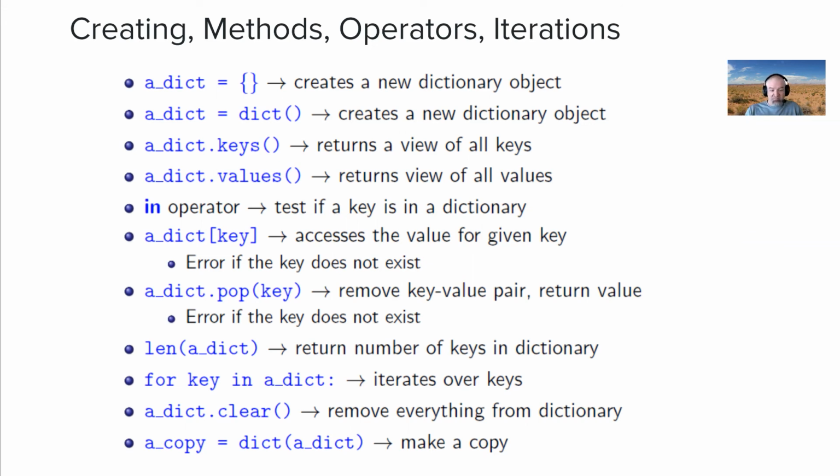But either way, you need to put a key as the argument. The len function returns the number of keys in a dictionary, or key value pairs, really. Traversing a dictionary using the keys, emptying a dictionary using the clear method, and then creating copies of a dictionary. So this is everything we've talked about with dictionaries so far.